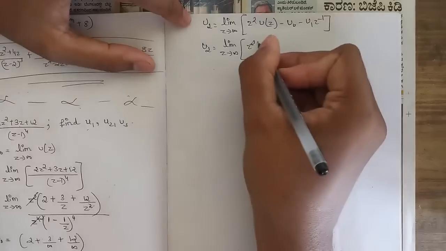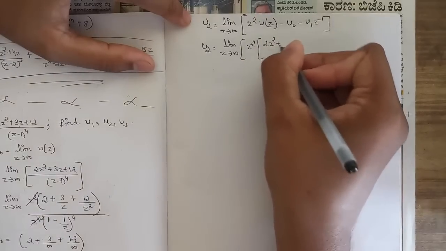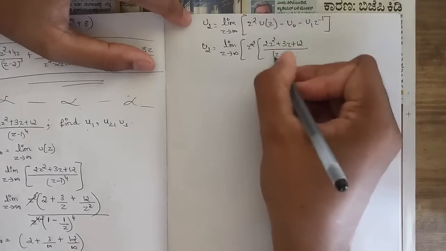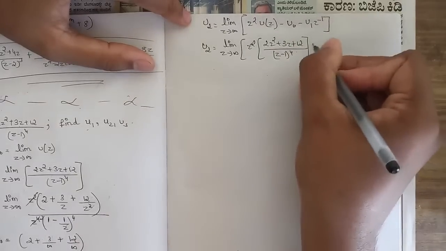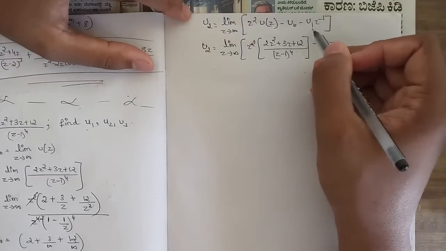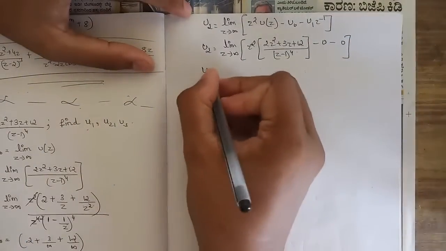Z square into the u of z is 2z square plus 3z plus 12 divided by z minus 1 whole to the power 4 minus 0 minus u1 into z inverse, u1 is 0, so 0 into z inverse is 0 again, so you can write it as 0.